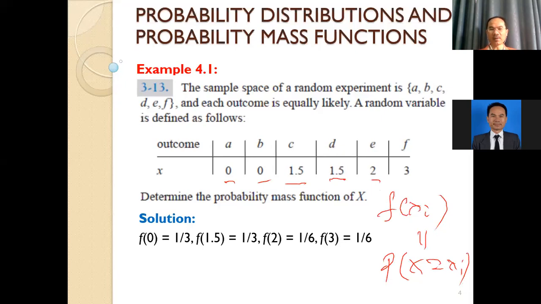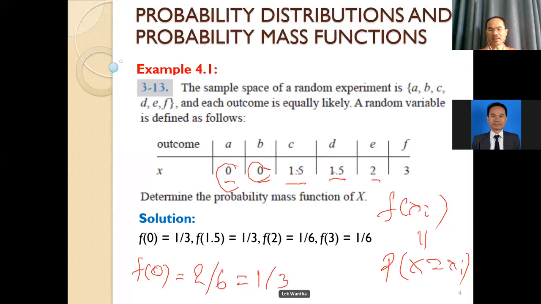If we calculate f at x equal to 0, we have 2 zeros out of a total of 6 numbers, equal to 1 over 3.